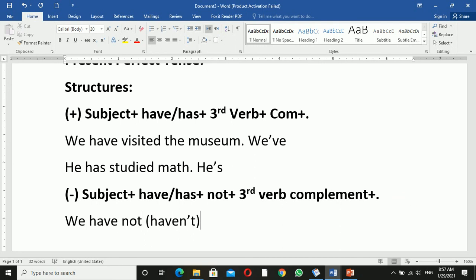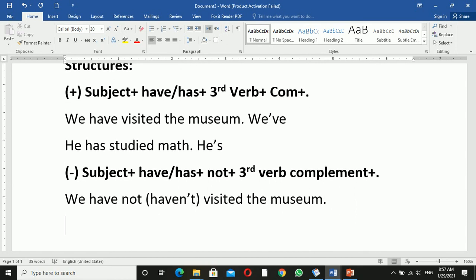We have not or haven't visited the museum. You see the sentence? He has not or hasn't studied math.